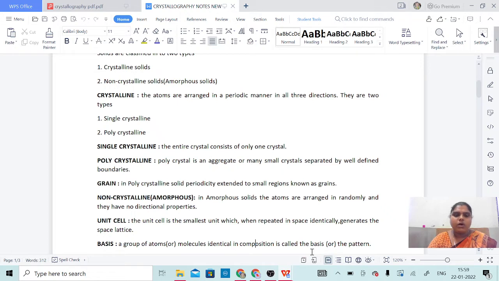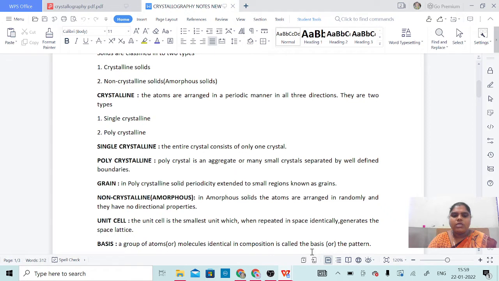In amorphous solids, the atoms are arranged randomly and have no directional properties, whereas in crystalline solids they are arranged periodically in all three directions.